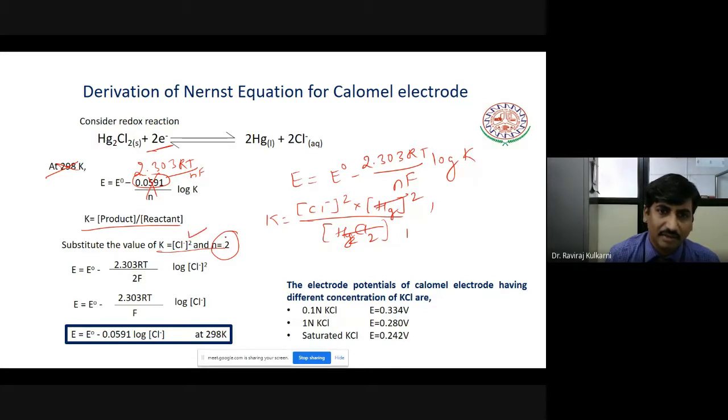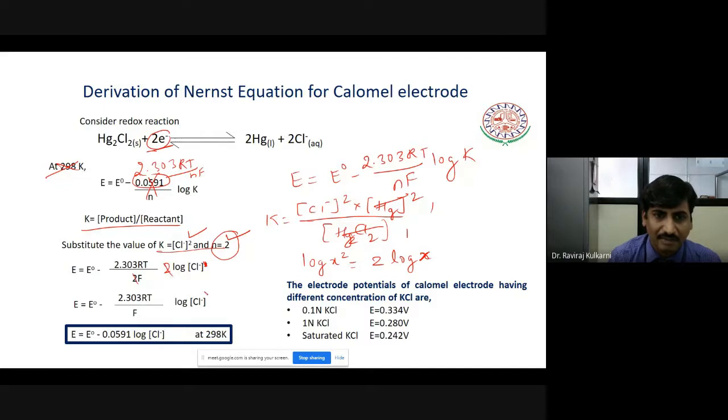The number of electrons involved is 2. So substitute this. You get log of Cl minus square. Log of x square, I can write as 2 log x. So I can write it as 2 log Cl minus, and this 2 I can cancel.